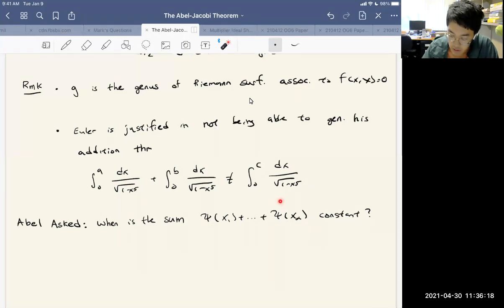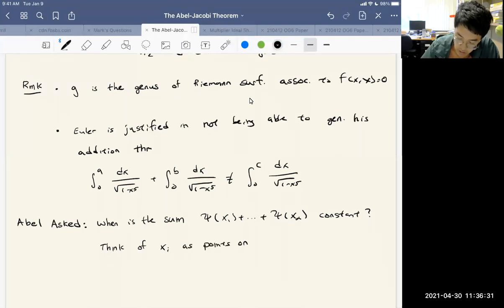So I have this Abelian integral psi, and I can think now about the xi as points on C equals C of f.